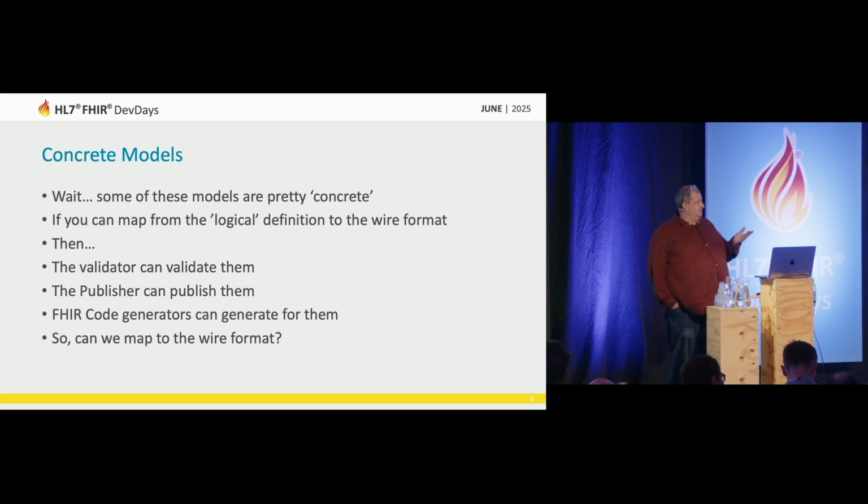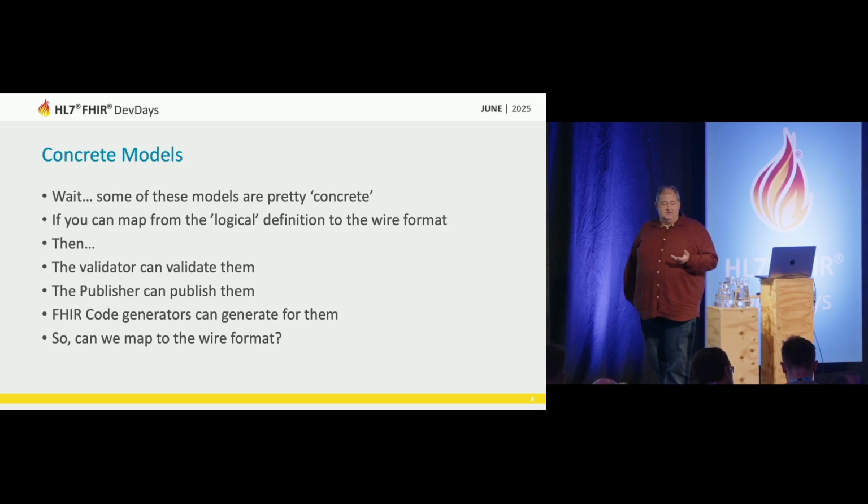But if you can actually map from the logical definition to a particular wire format, then that means that you can take the logical model and load actual instances of that. The validator can validate them, the publisher can publish them, and FHIR code generators can generate for them.